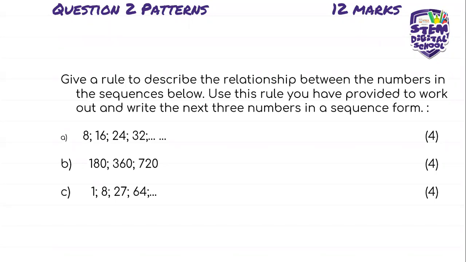And then the fourth one, as you can see, it's 64. Again, that is 4 to the power of 3. 4 times 4 is 16, and 16 times 4 is 64. So 64 is the correct answer.